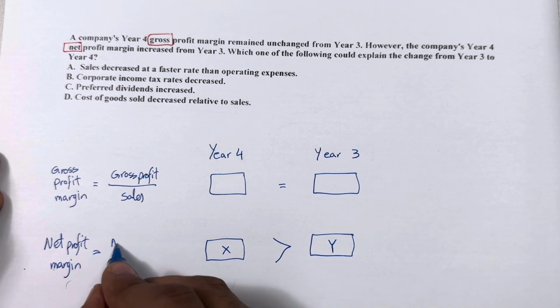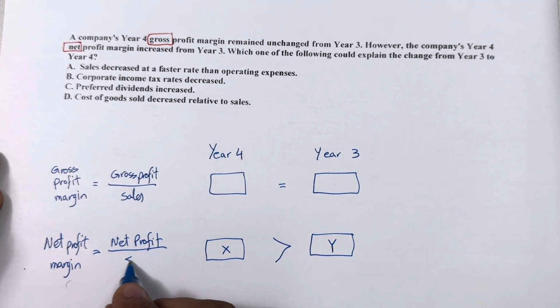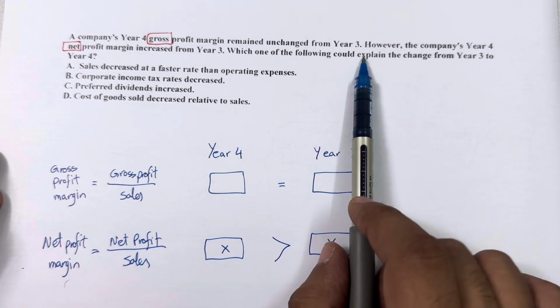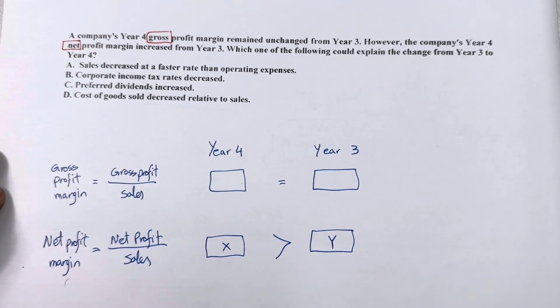Net profit margin is equal to net profit divided by sales. Which one of the following could explain the change from year 3 to year 4?